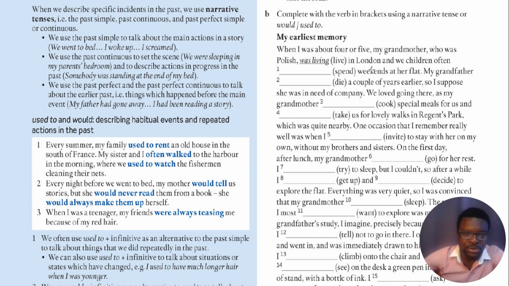So yeah, we use used to and would to describe habitual events and repeated actions in the past. Every summer, my family used to rent an old house in the south of France.